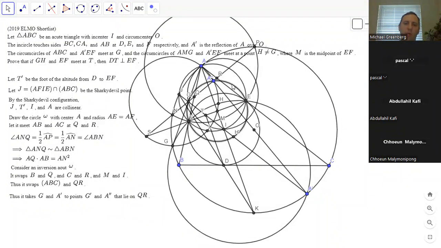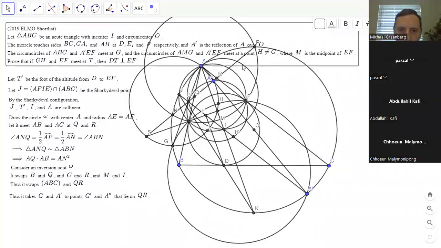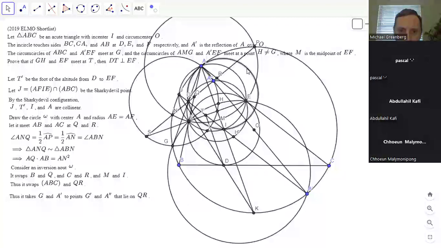Okay, so it would be the intersection of this circle with, yeah, how do we know G prime? Okay, so we know G prime lies on this circle. We also know it lies on this line. We have to show it lies on this circle. But what is this circle? No, I'm going to delete that circle.